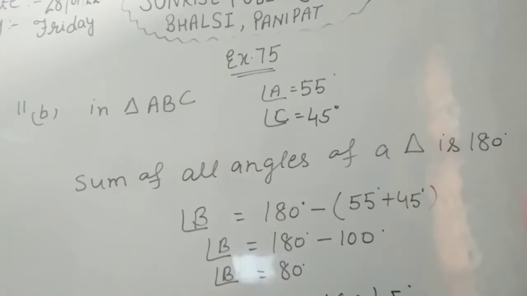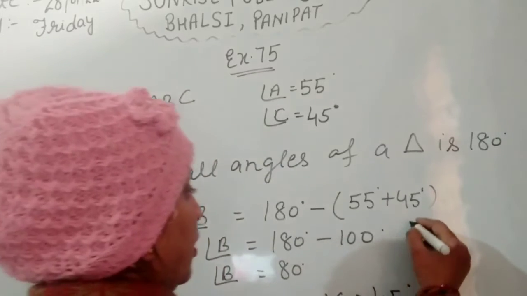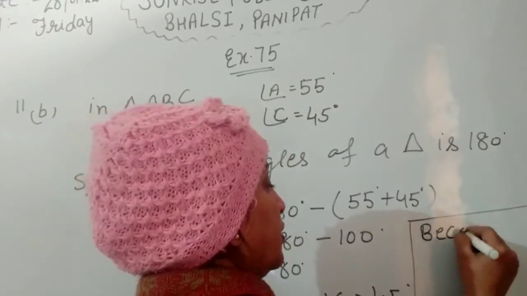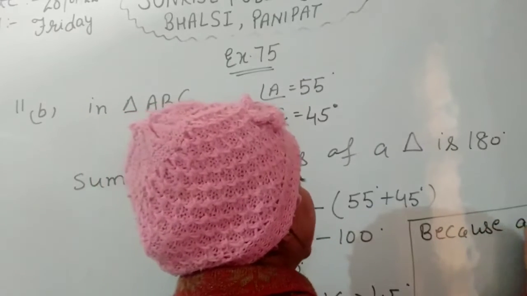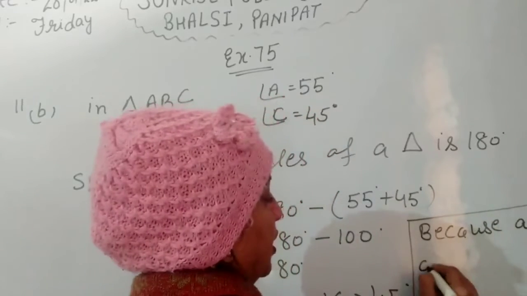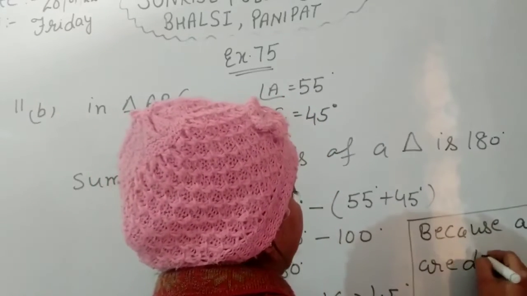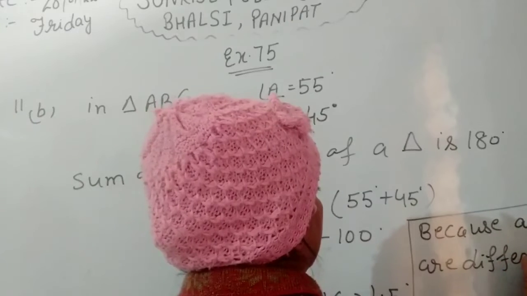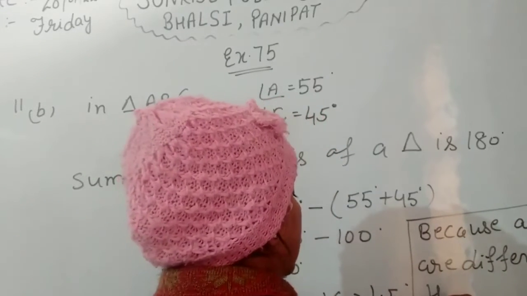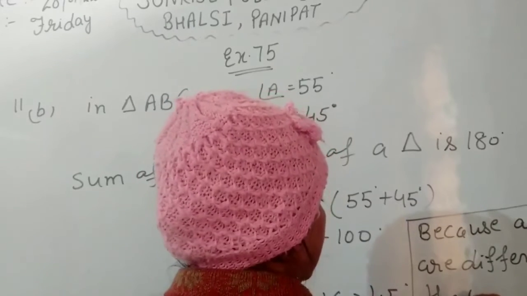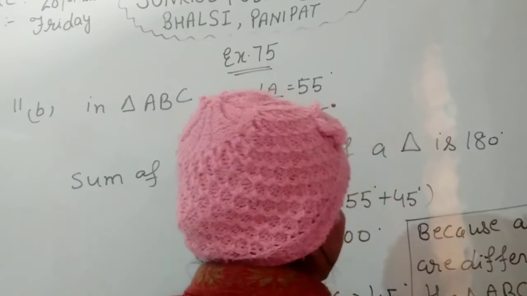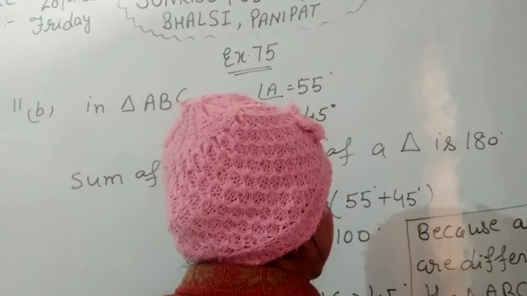So we write here: because all angles are different, the triangle ABC is a scalene triangle.